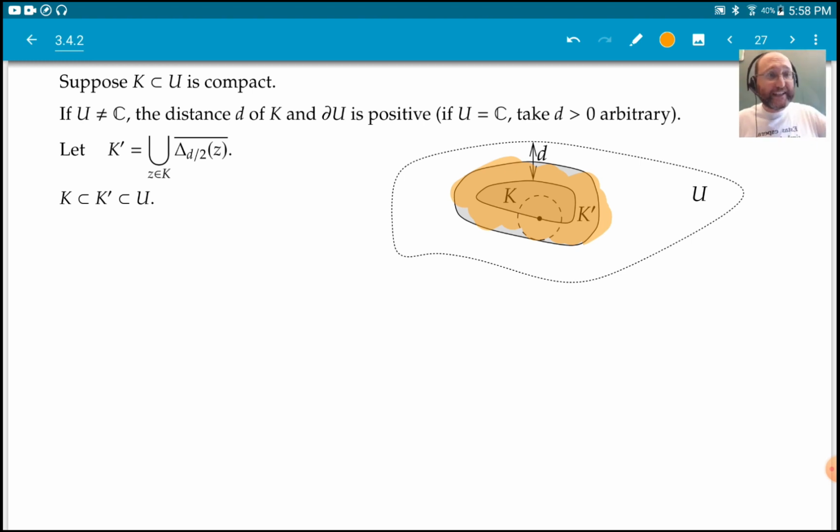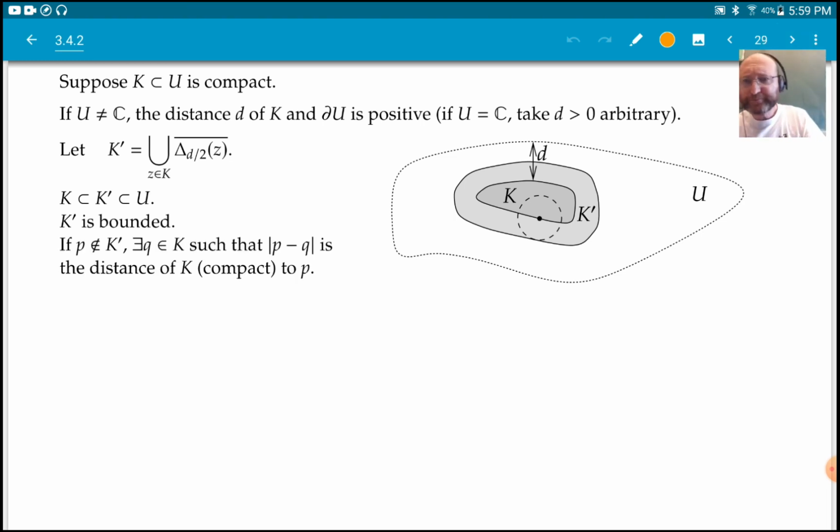I still have to be inside U. So all of these disks are inside U, and therefore K prime is inside U. It's still to prove that it's compact. Now it's bounded. Well, that's not hard to see because K is compact, therefore it's bounded, and I'm just making something D over 2 bigger. So whatever the bound would be for K, just add D over 2 to it, and you have the bound for K prime. So K prime is bounded.